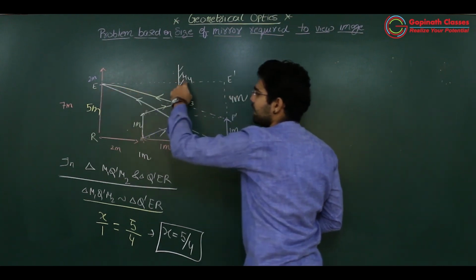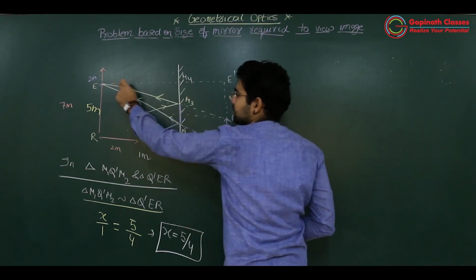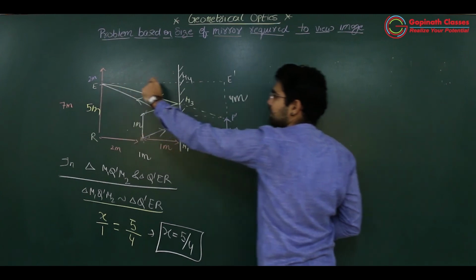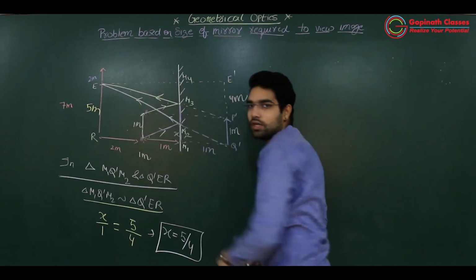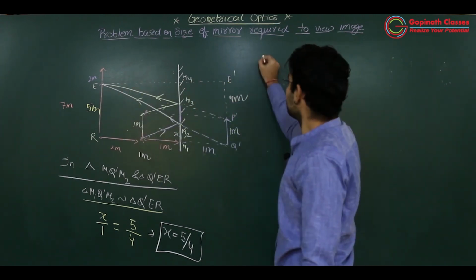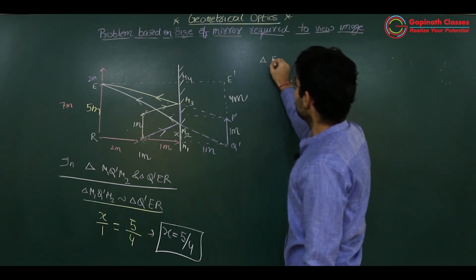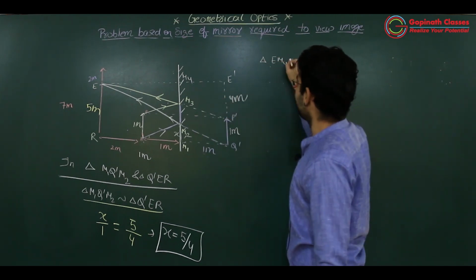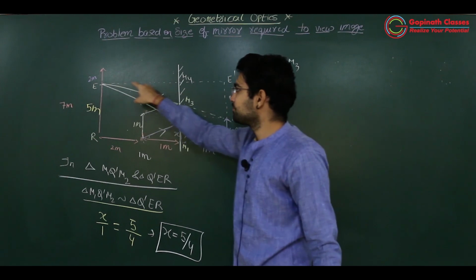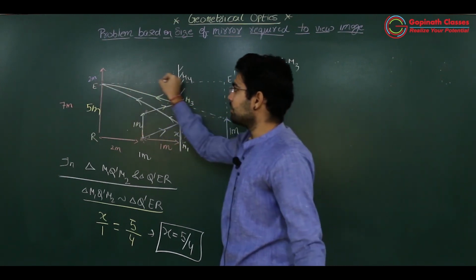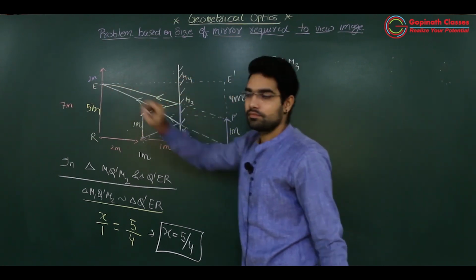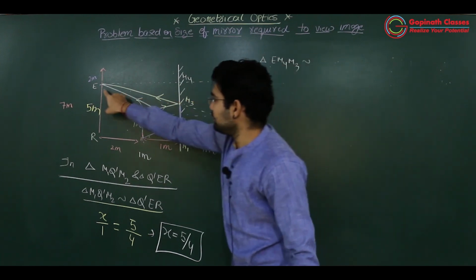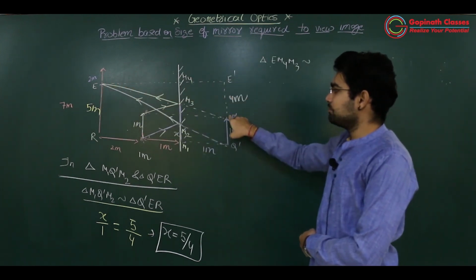Triangle E M4 M3, this small triangle, और उसका associated बड़ा वाला, दोनों क्या होंगे? Similar. Triangle E M4 M3 is similar to triangle E dash P dash.